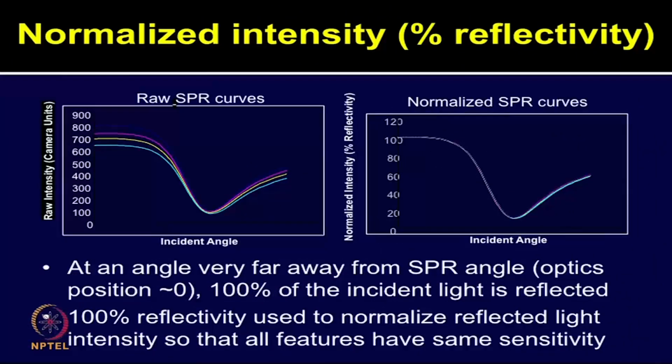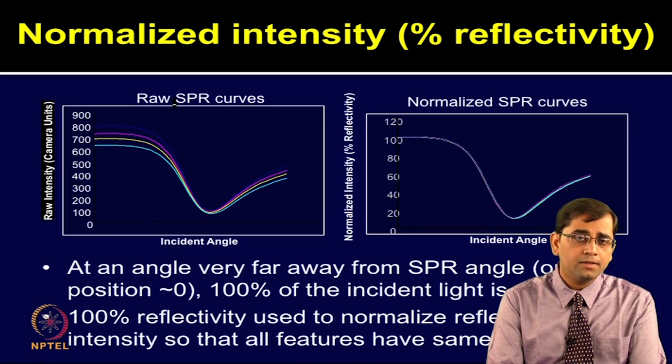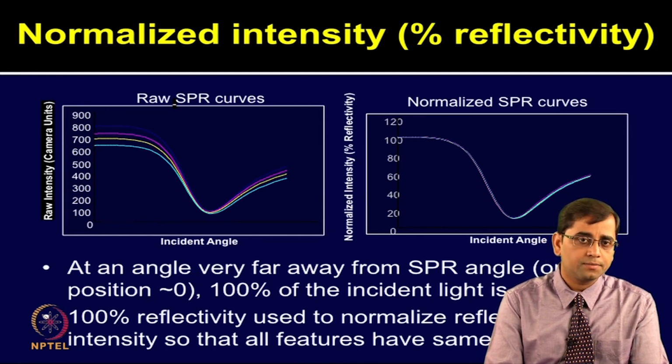The next important step is how to normalize intensity or percentage reflectivity. The left hand side image shows a raw SPR curve, whereas the right hand side image shows a normalized SPR curve. At an angle very far away from the SPR angle, optics position around 0, 100% of the incident light is reflected.